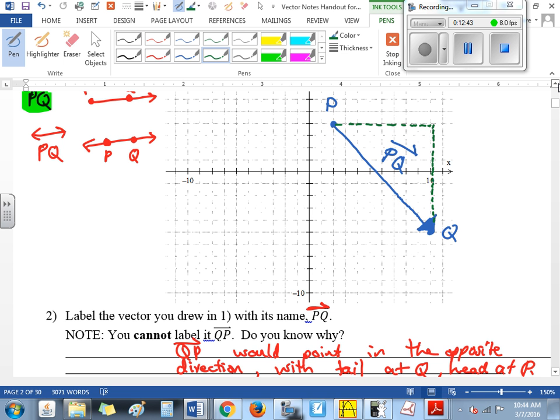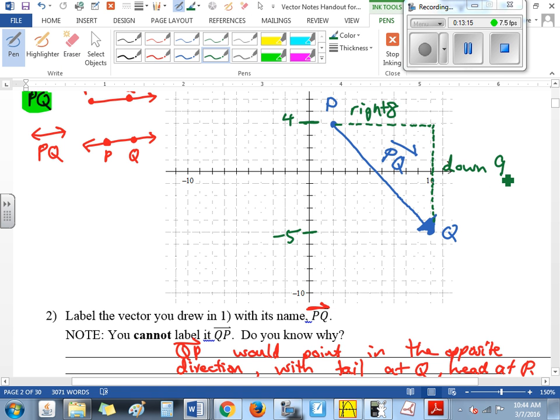You would have to travel to the right far enough to go from x equals 2 to x equals 10. So how far to the right would you be traveling? 8. So it's right 8. And then you'd have to travel on the y from up here at 4 to get down here to negative 5. So how far down would you have to travel? Down 9, right. So basically you'd write down 9 here.